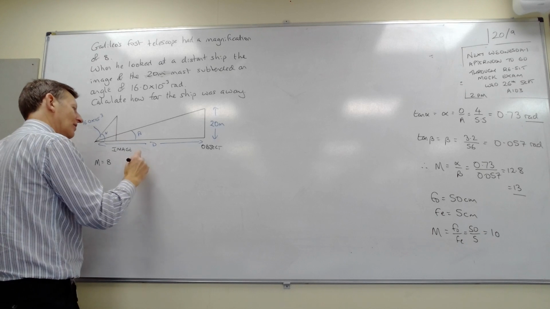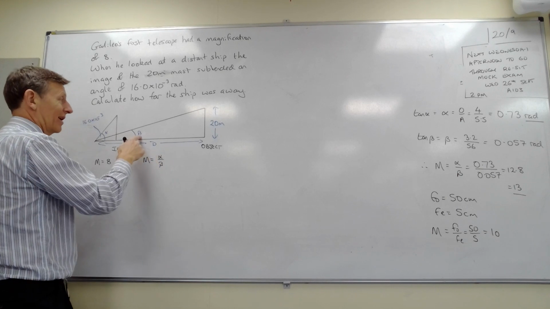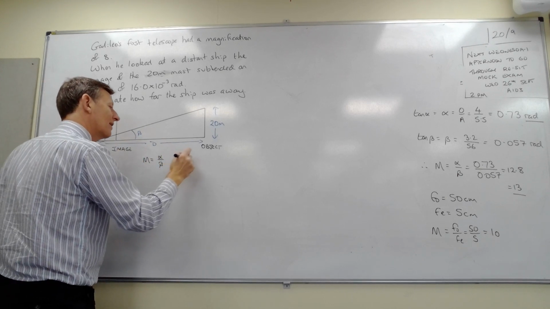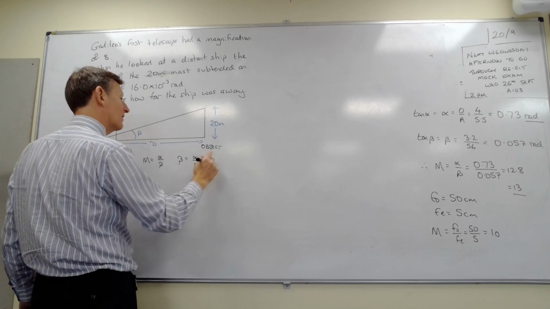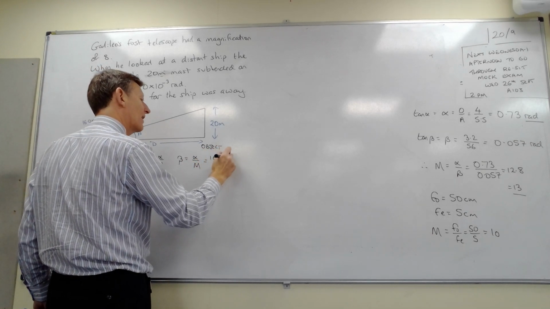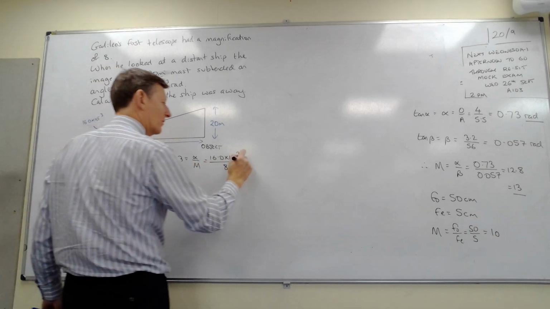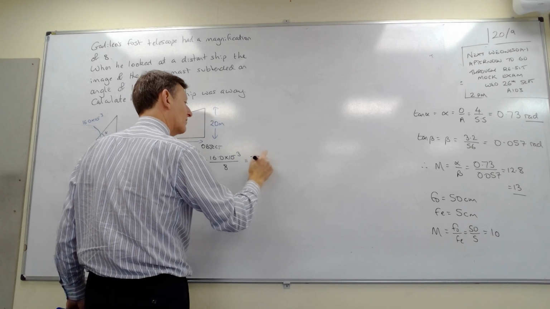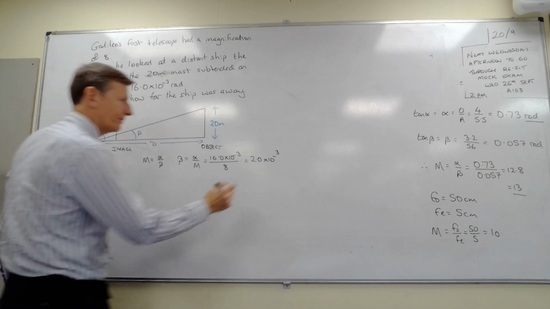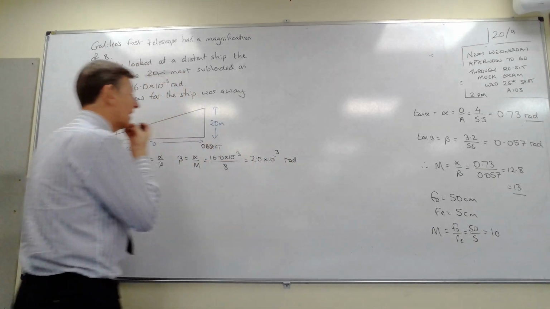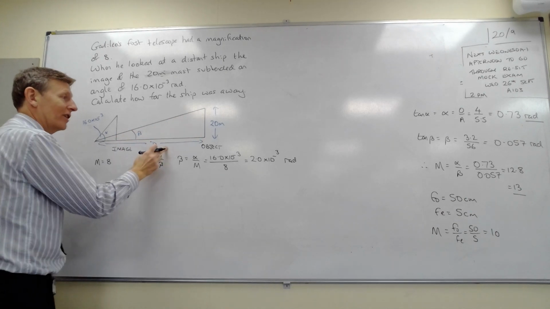So the magnification is given by alpha over beta. I'm trying to find beta, so beta is alpha over M. So that's going to be 16 times 10 to the minus 3 divided by 8, which is 2 times 10 to the minus 3 radians. And then small angle approximations, tan beta equals beta, opposite over adjacent.